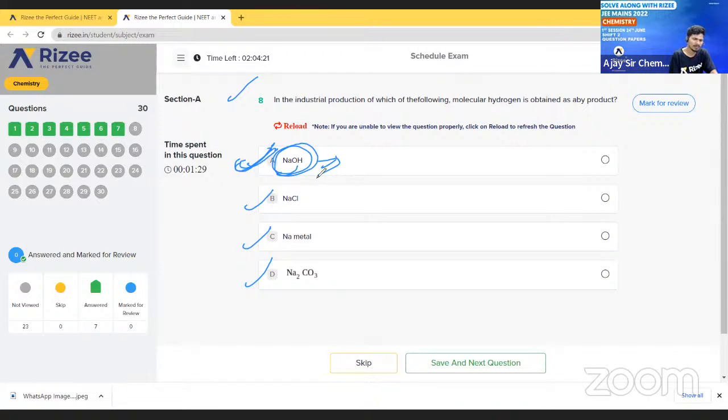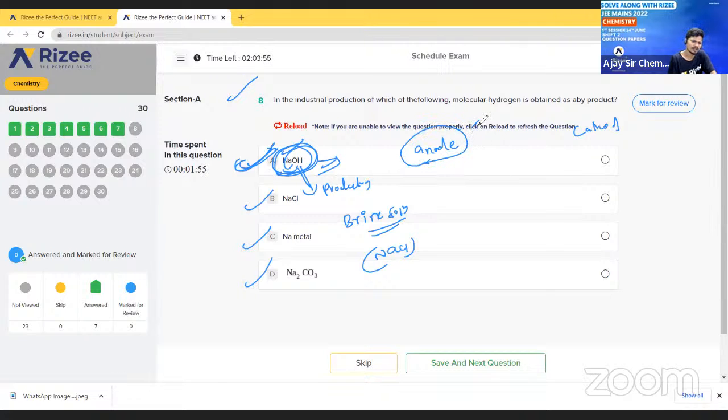In the production of NaOH, we generally use brine solution, which means NaCl. The reaction occurs at the anode and cathode. At the anode we take carbon, and at the cathode we take Hg.